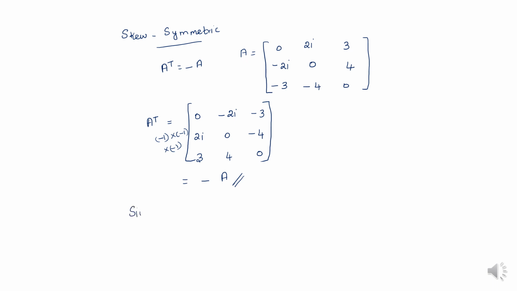Next, we are going to see the singular matrix. Singular matrix na enna? What is singular matrix? Any matrix whose determinant is equal to 0, that is known as singular matrix. So determinant of A is equal to 0. So that is singular matrix. I'm going to explain the orthogonal matrix.